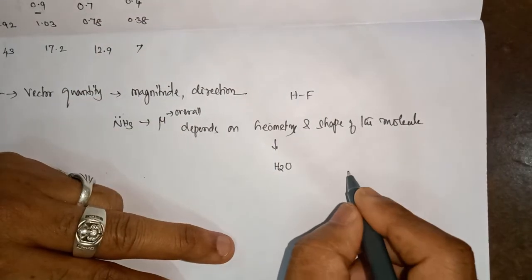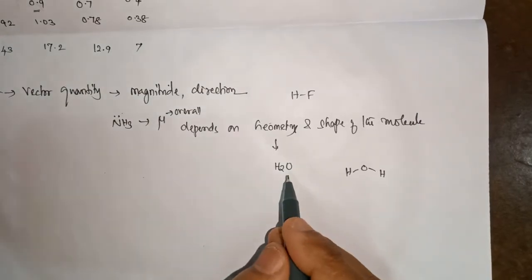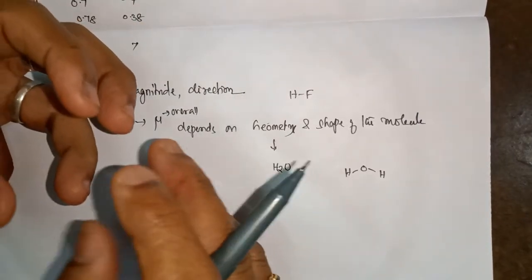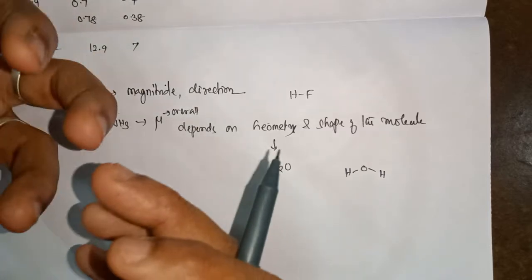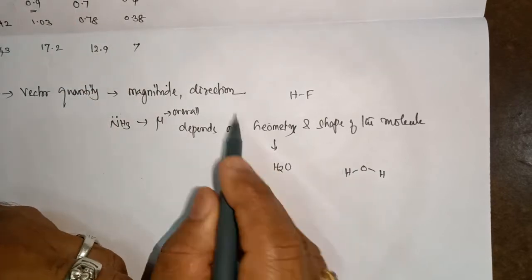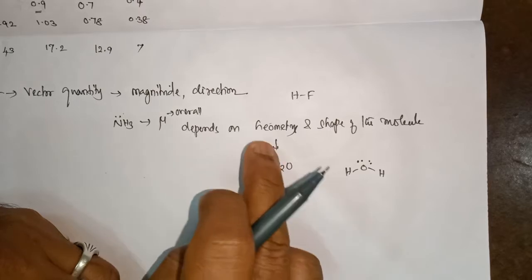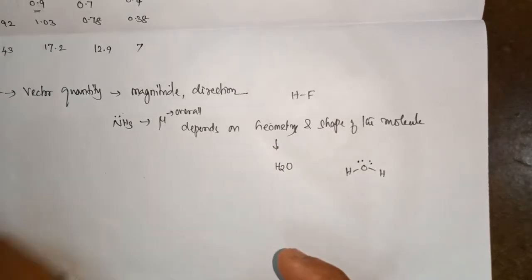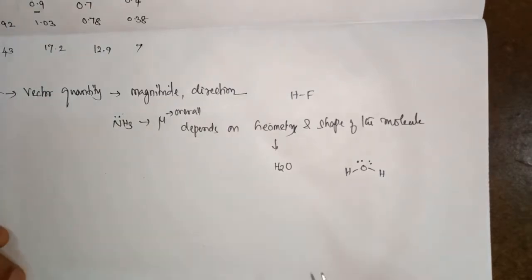Suppose I take water. Geometry means how the atoms are present and arranged in a molecule. That is called structure. When I draw the structure with the lone pair of electrons, that is called geometry. Without the lone pair of electrons, that is called shape.